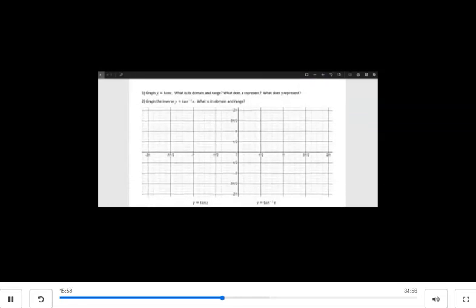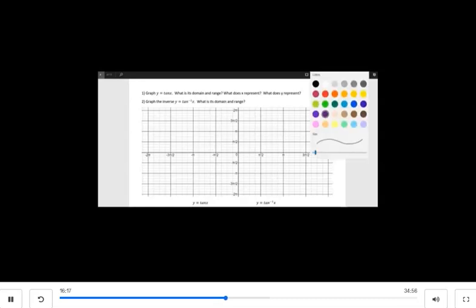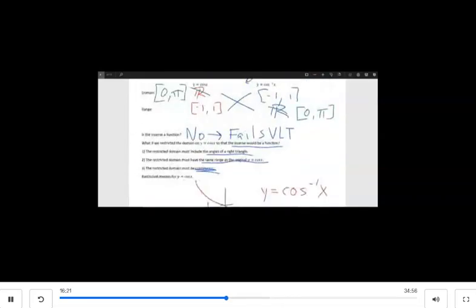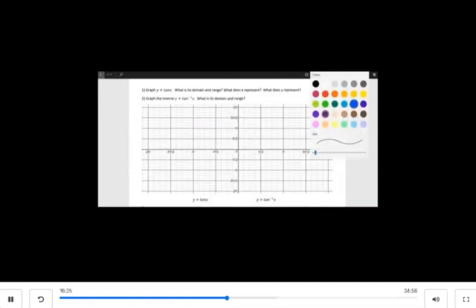Okay, tangent. Let's graph this tangent function and see where this goes. Hold on a second, I got to pause. Okay, what color did I use for cosine? Cosine was the blue, so for tangent, we'll use blue.